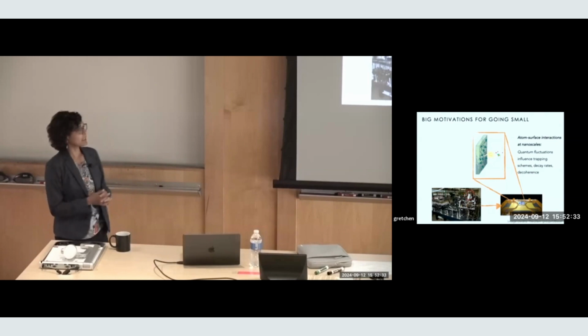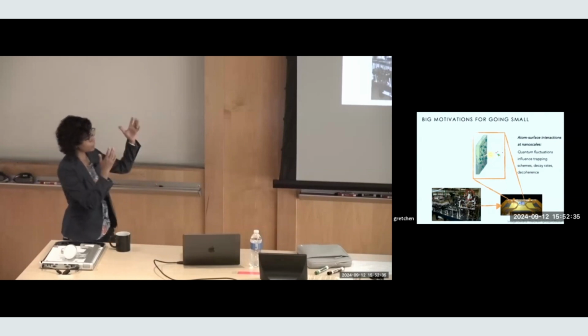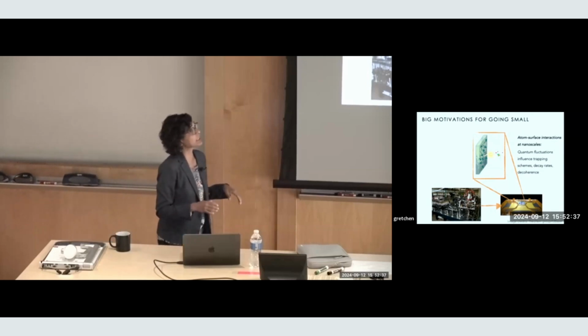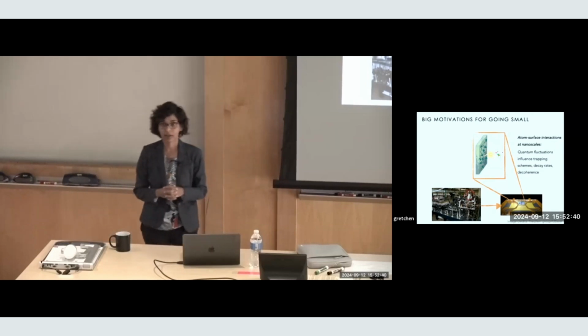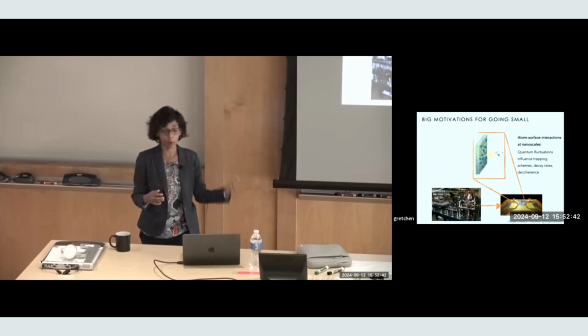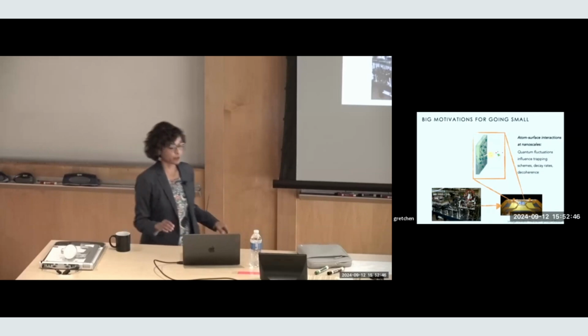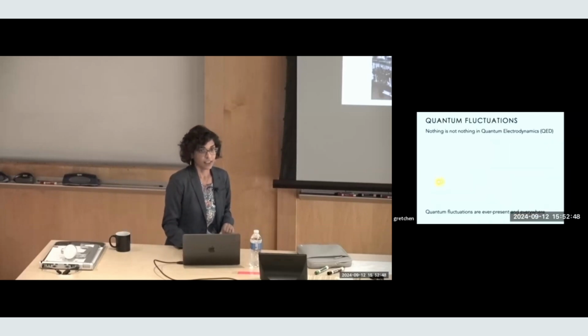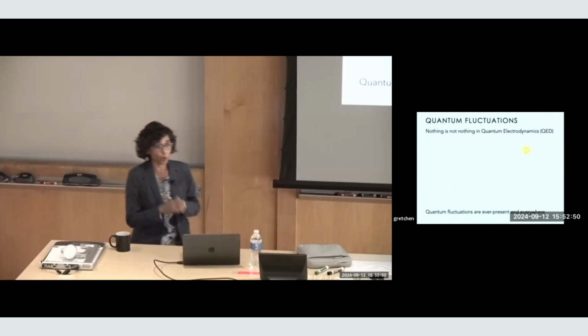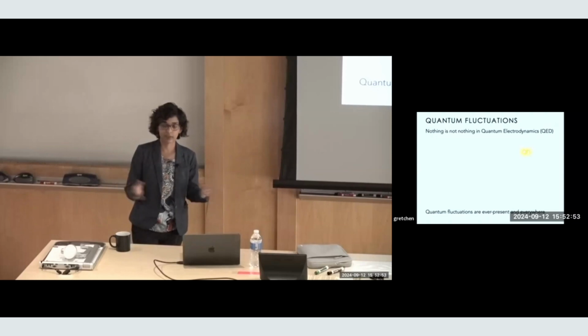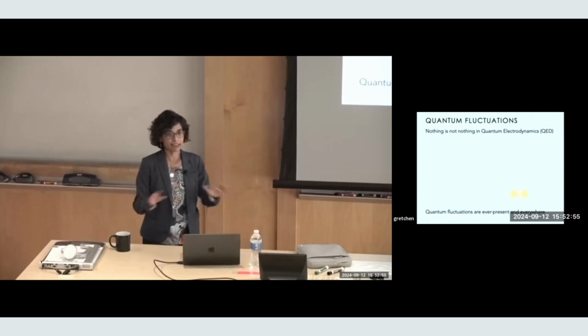And as one goes into these nanoscale regimes, quantum fluctuations become important. And for those of you who are not familiar with quantum fluctuations, in quantum mechanics, or in quantum electrodynamics rather, nothing is not nothing.